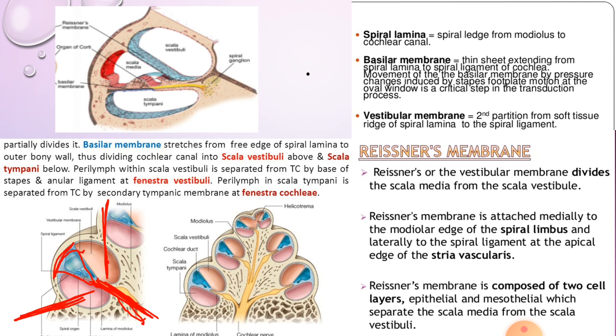And the perilymph in scala tympani is separated from the tympanic cavity by the secondary tympanic membrane at fenestra cochleae, which is the round window. Okay, now on the right side is the definition of the spiral lamina and the basilar membrane and the vestibular membrane or the Reissner's membrane. If you want to read this, you can have a look at this.